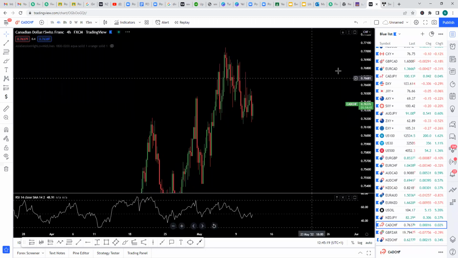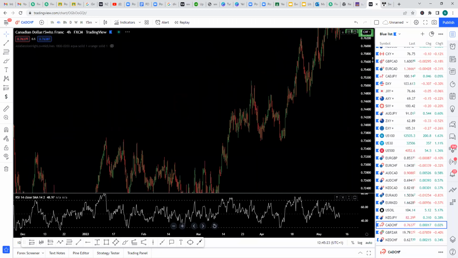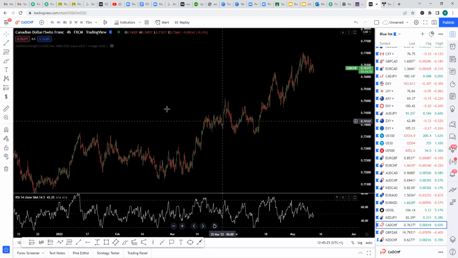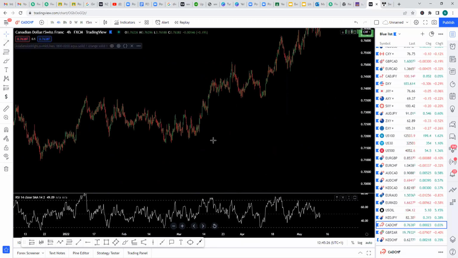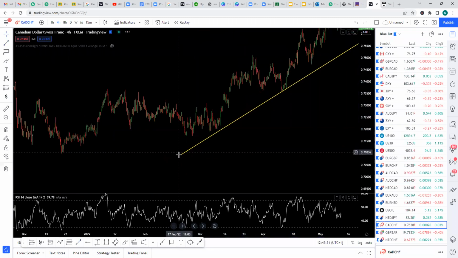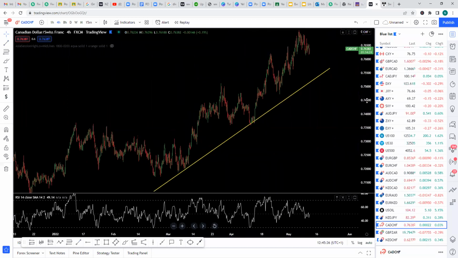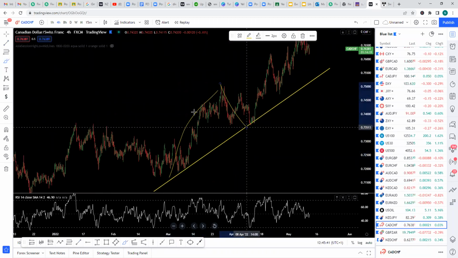Go to 4 hours, guys. You see, that's what is called mean reversion. Mean reversion is just the process of a pair reversing to its average level. See this move? It's reversing to its average level, mean reversion.